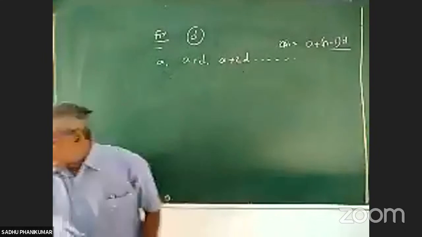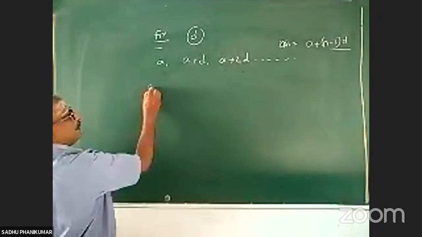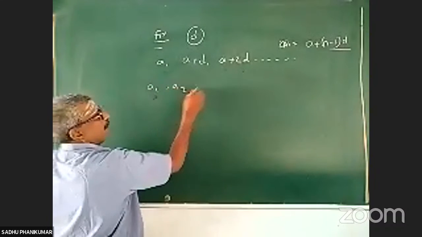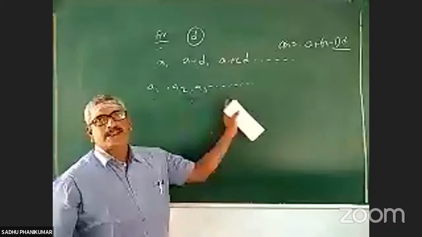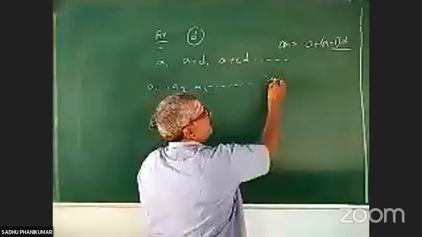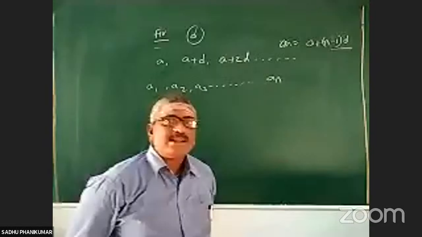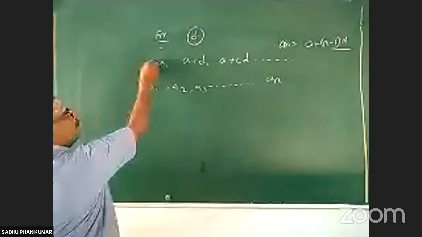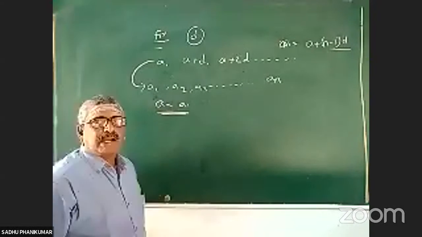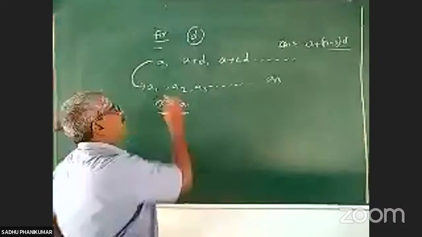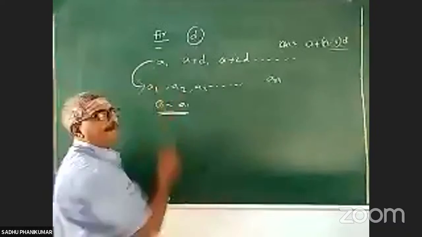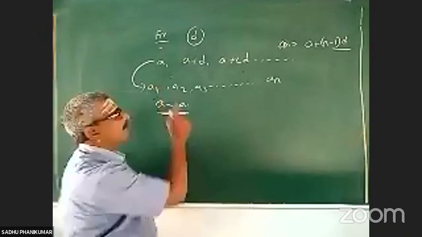Let's suppose a1, a2, a3 are the terms of an AP. The nth term will be indicated with a_n. Every time, a is equal to a1, that means the first term of the AP is always indicated with a1.